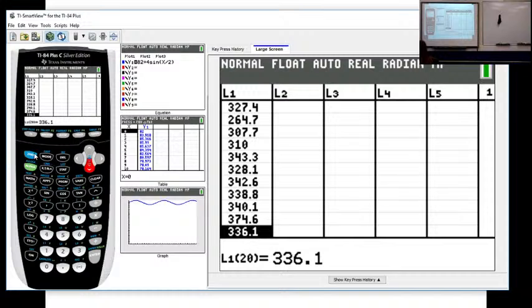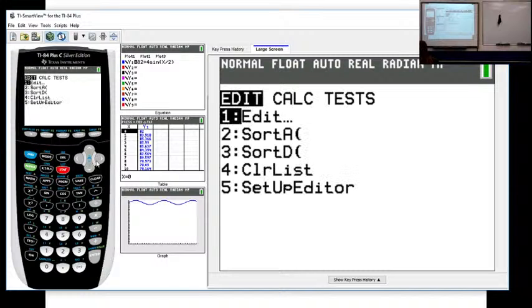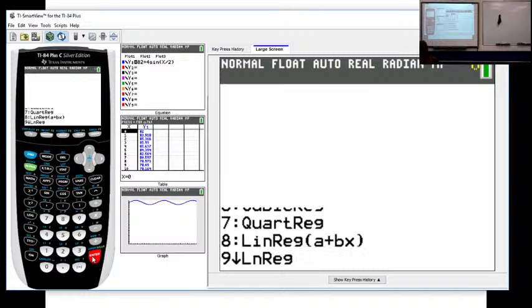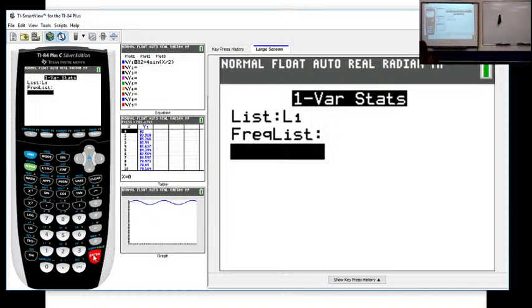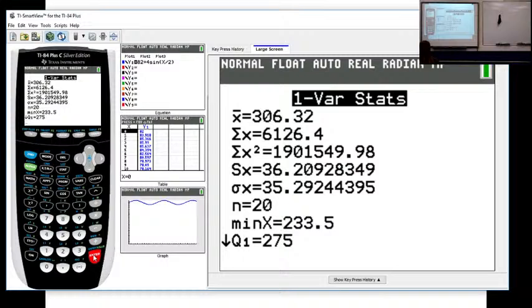All right, back to business. All right, so I'm going to go again and calculate one variable stats. And these are the values I should have. The values that I want to take from this, first off, my sample size is 20.